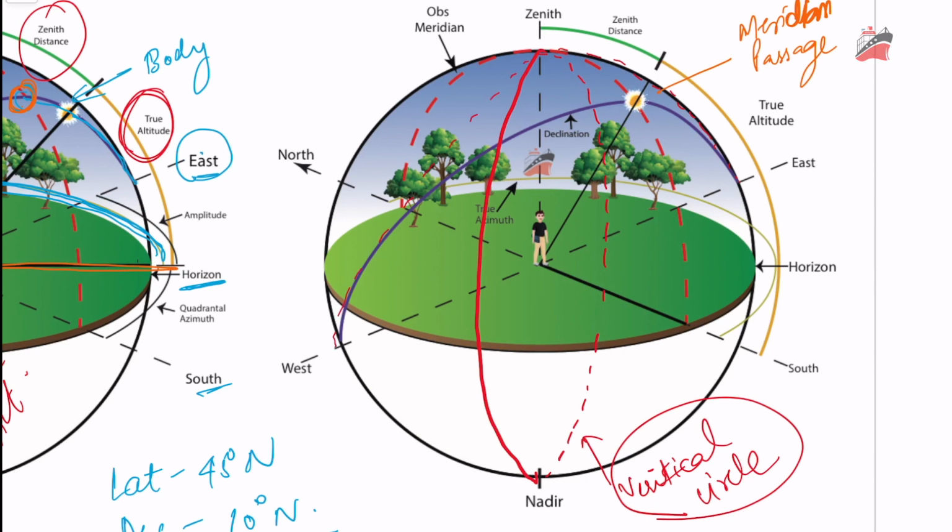That means, let me show you once again. If I draw this diagram like this, from east to west and also passing through the observer's zenith and the nadir, so from the bottom like this. I hope you are understanding this clearly. This blue line that I have drawn right now is called prime vertical.